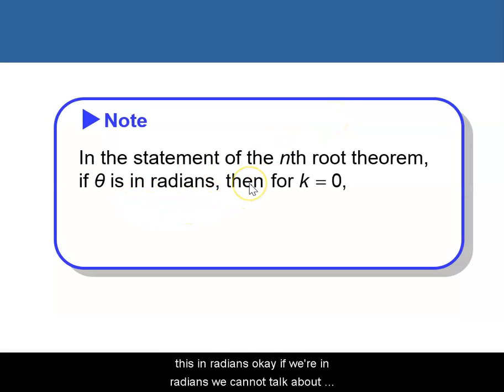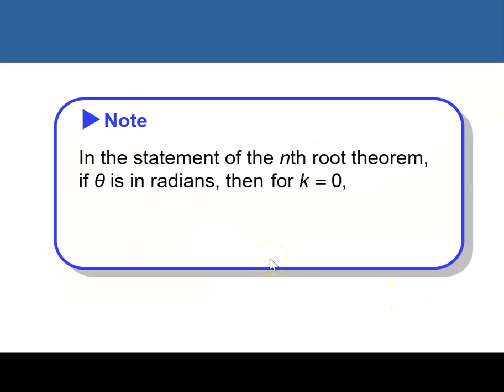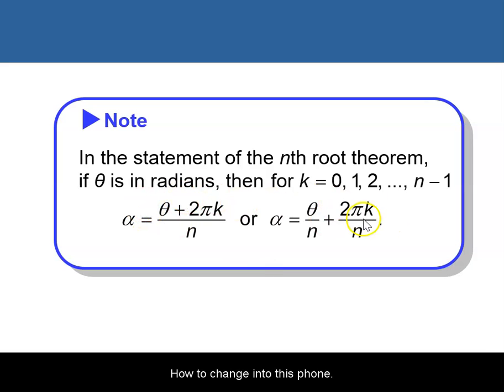If we're in radians, we cannot use this formula with 360 degrees times k. It needs to be changed into its equivalent, which is 2 pi. So instead of theta plus 360 degrees, 1, 2, 3, up to n minus 1 times, it'll be theta plus 2 pi k, with k equal to 0, 1, 2, 3, up to n minus 1. So it'll change into this form instead.